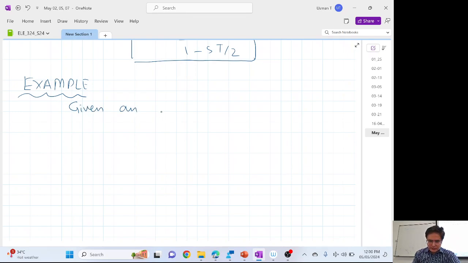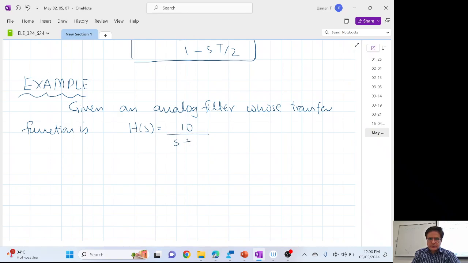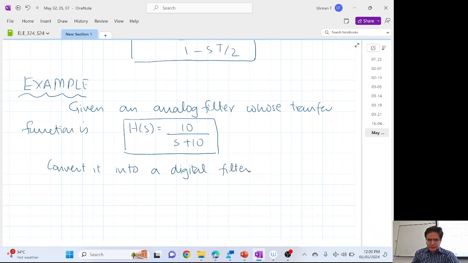Given an analog filter whose transfer function is H(s) equals 10 over (s plus 10), convert it into a digital filter and find the difference equation.